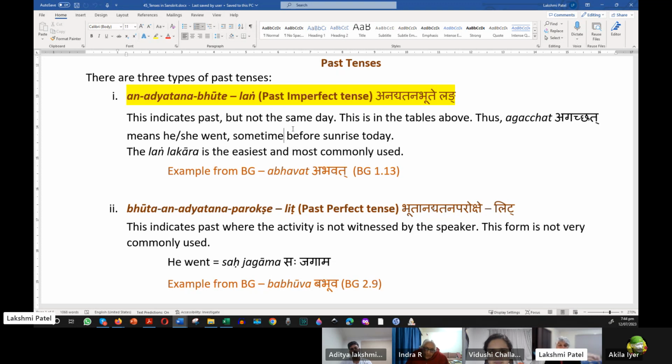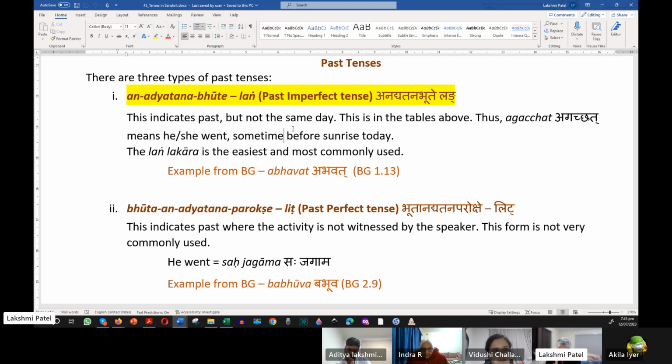So whatever we've learned so far, agachat, agachatam, agachan, agacham, all that is anadyatana bhute lang. Why is it not referring to today?